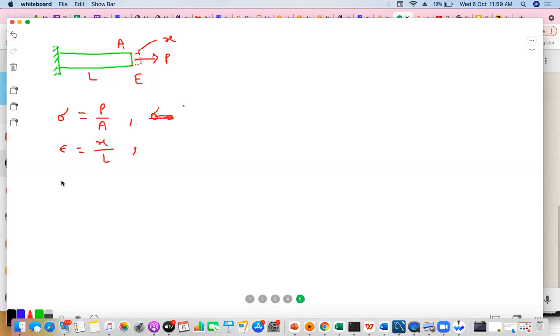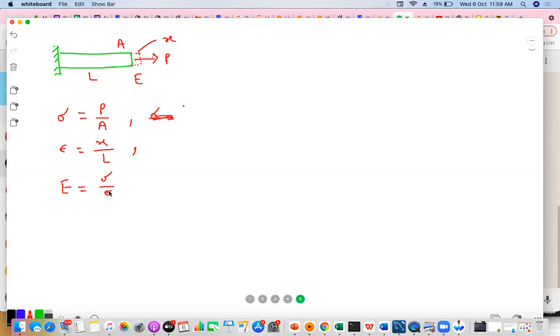And I have Young's modulus is equal to sigma upon epsilon.